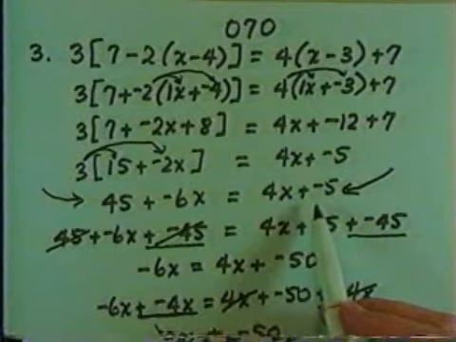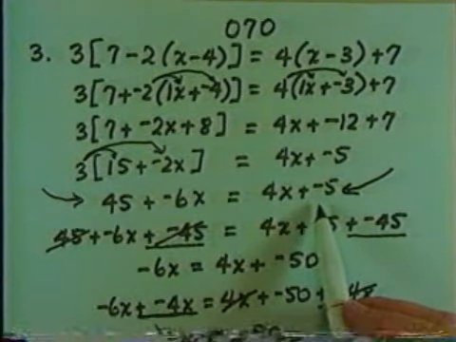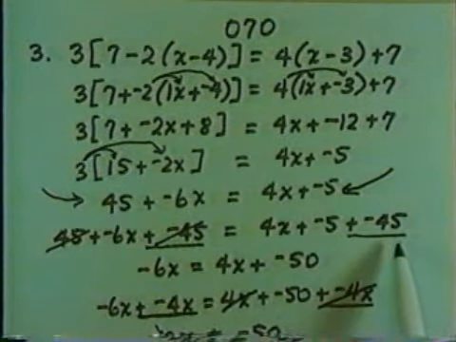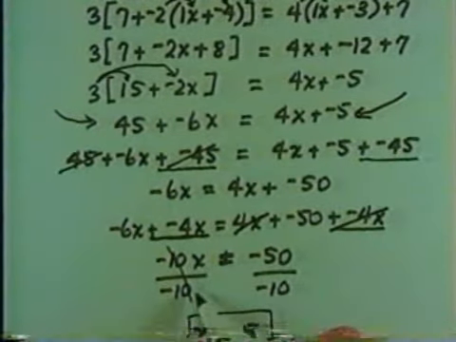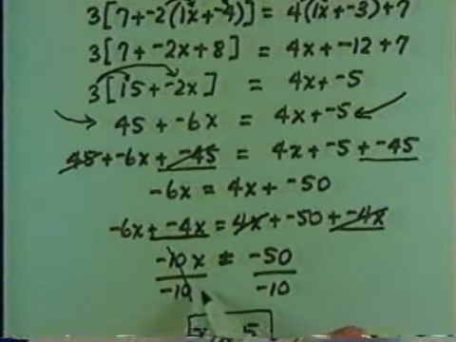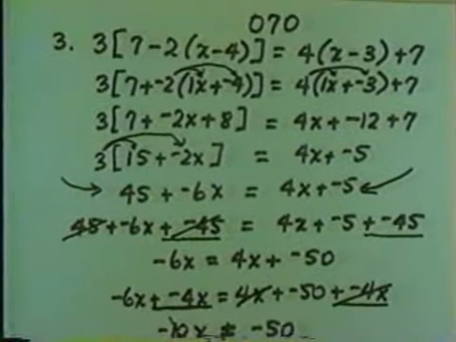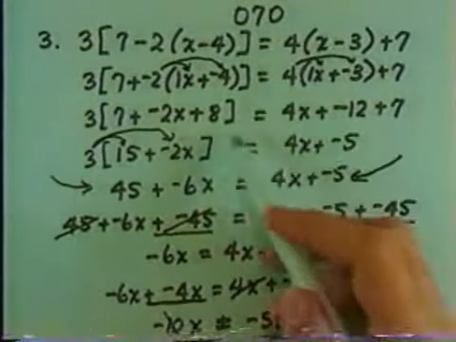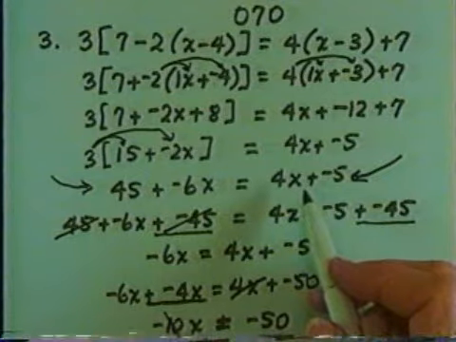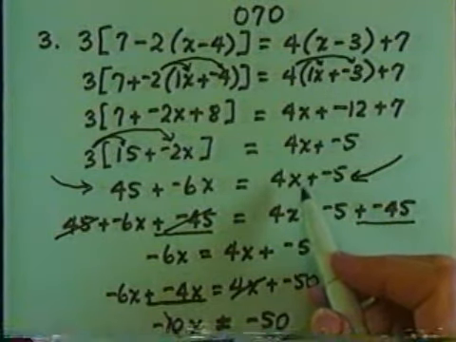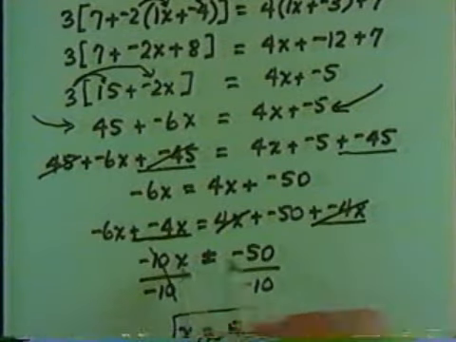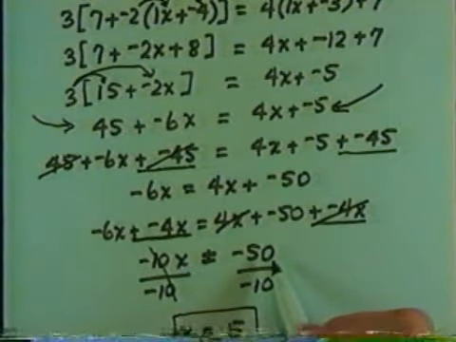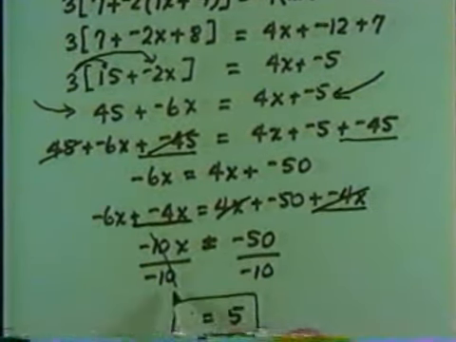Then we're ready to start using the properties of equations, adding the opposite of the things we wanted to eliminate, finally dividing by the coefficient. So our series of steps becomes the following. We simplify on both sides of the equation as much as we can. We then apply the addition property to get a variable term on one side and a constant term on the other. Our final step is to divide by the coefficient.